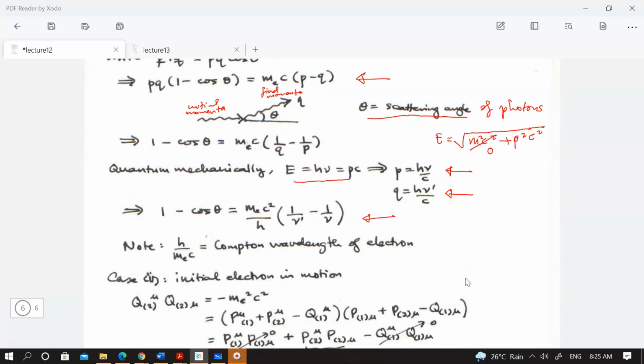You may have seen this in terms of the wavelength. So what's the connection between the wavelength of a photon and the frequency of a photon? Anyone can remember?